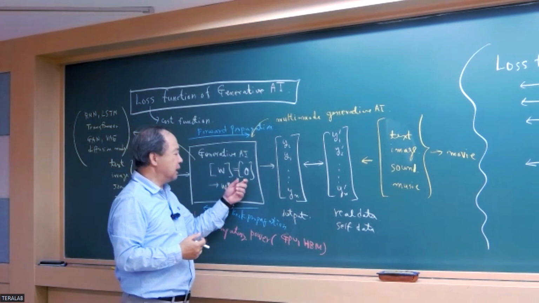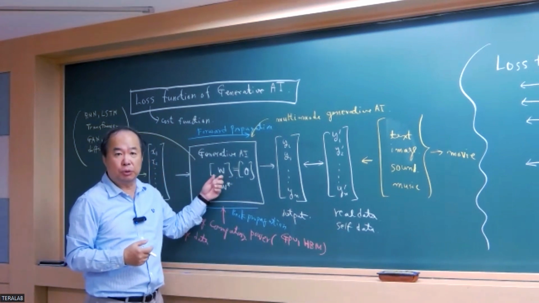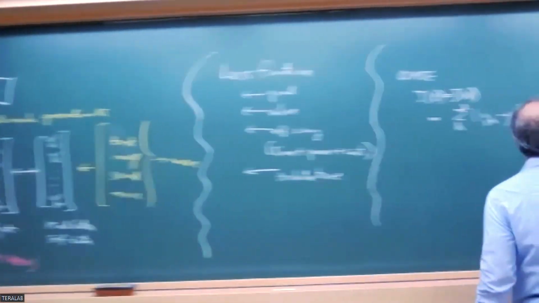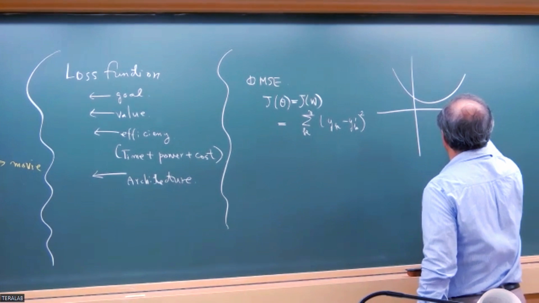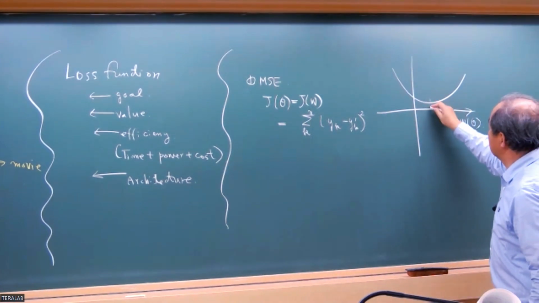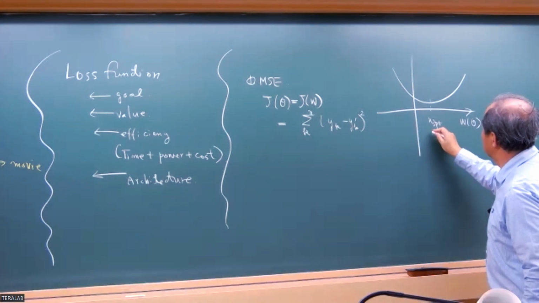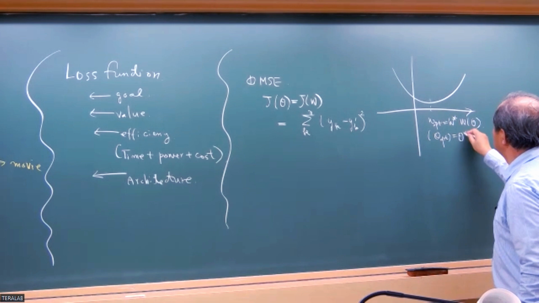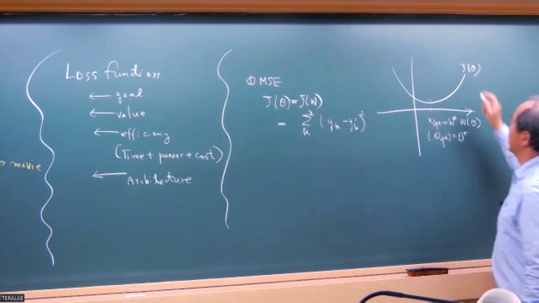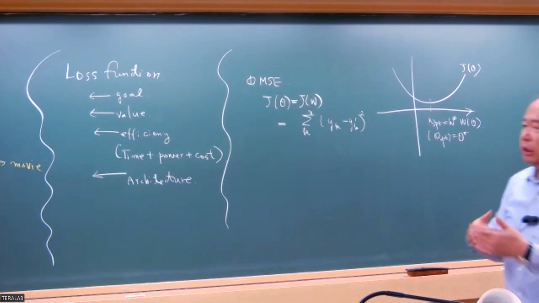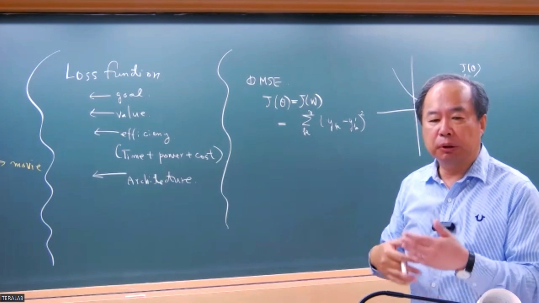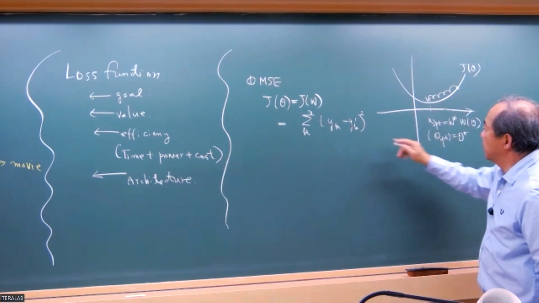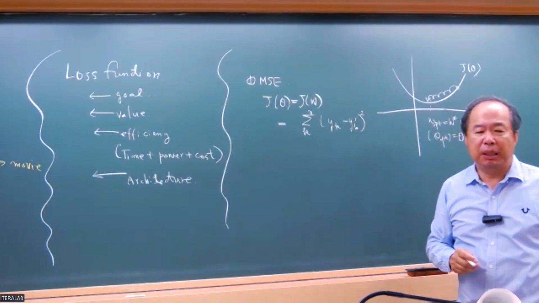Mathematicians usually use theta, and engineers like myself usually use the weight matrix W. We have to optimize these parameters by applying iterations of forward propagation and backward propagation. We update these parameters to reach a point where this whole summation becomes a minimum.